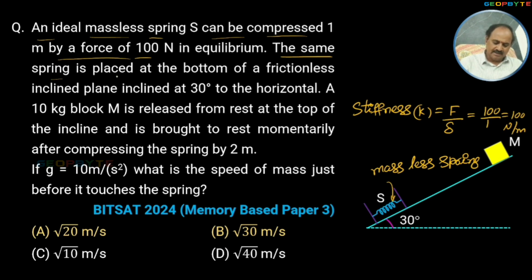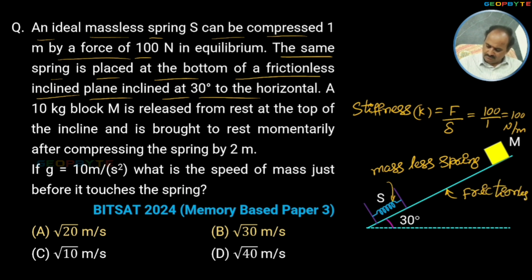The same spring is placed at the bottom of a frictionless inclined plane, inclined at 30 degrees to the horizontal. Frictionless plane means we need not consider any friction effect between the block and the plane. The inclination angle of the plane is 30 degrees with the horizontal.